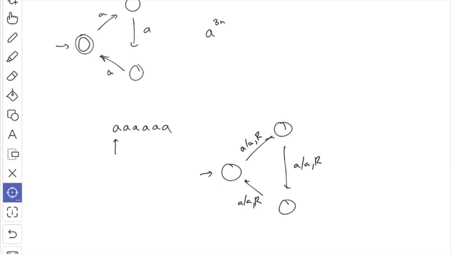Eventually it gets to the end, which will be a blank, and that is your trigger to see where the accepting states should go. So basically, if you see a blank from here, then it should be accepted. If you see a blank from the other two states, then it should not be accepted.